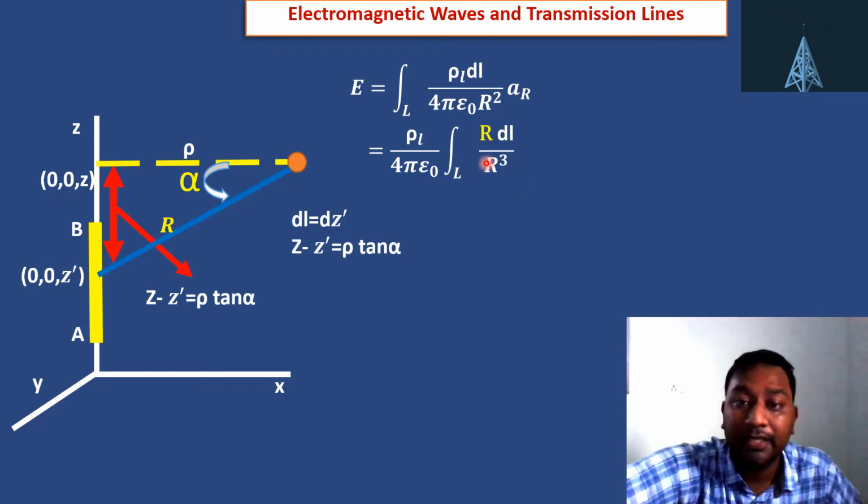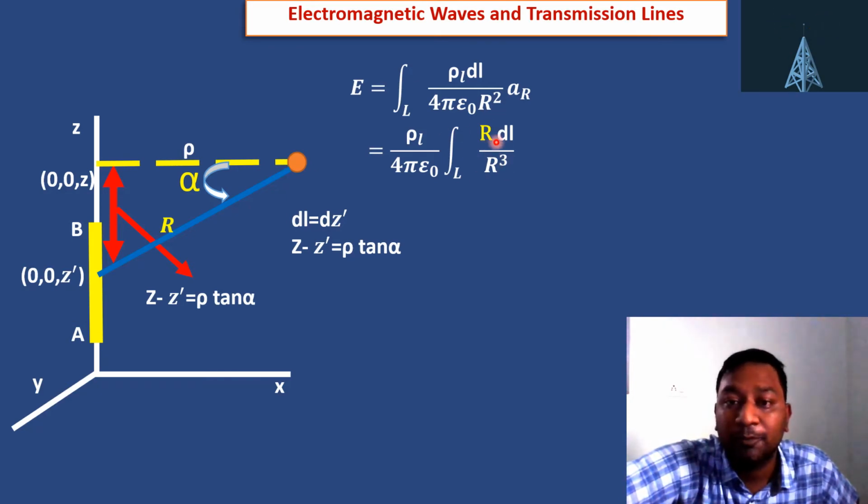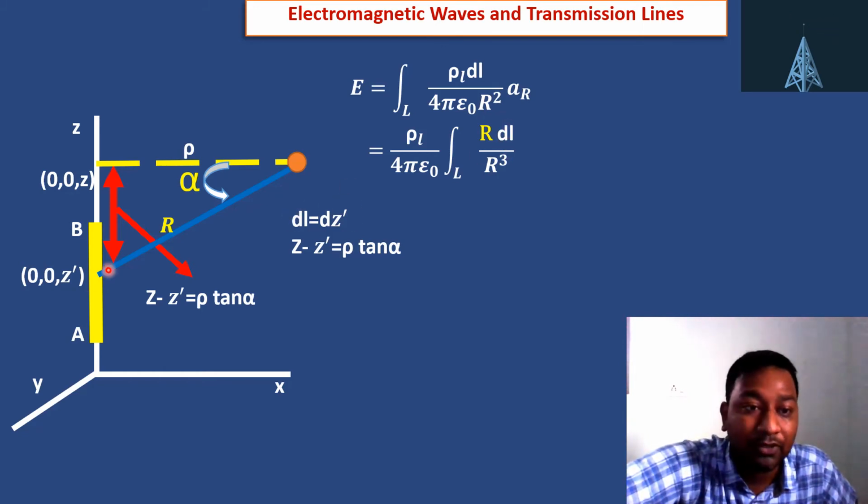Now dl is in the z direction, so dl is dz dash. For finding this integration we should put in the values of r, dl and r cube. First we start with dl. dl is dz dash because it varies in the z direction.